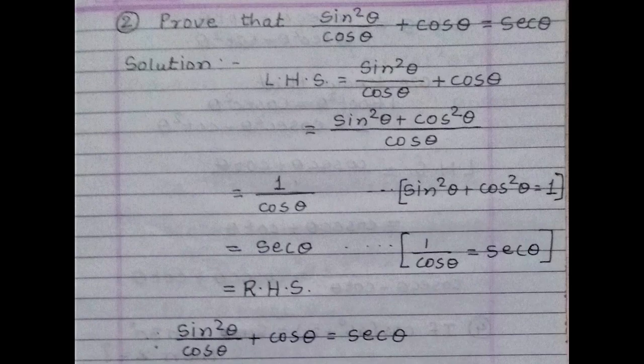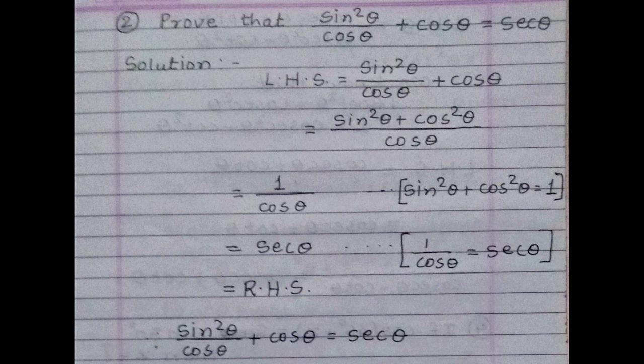Second question. Again prove that sine square theta upon cos theta plus cos theta is equal to sec theta. Here we have to prove, that's why LHS means left hand side. What is the left hand side given? Sine square theta upon cos theta plus cos theta.